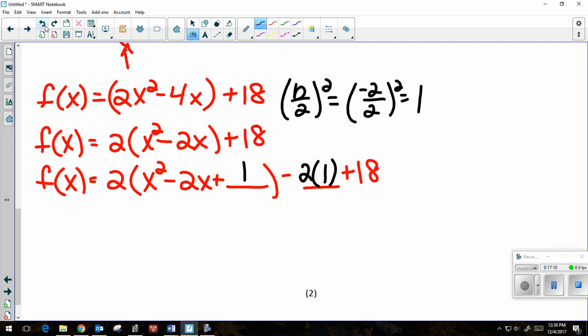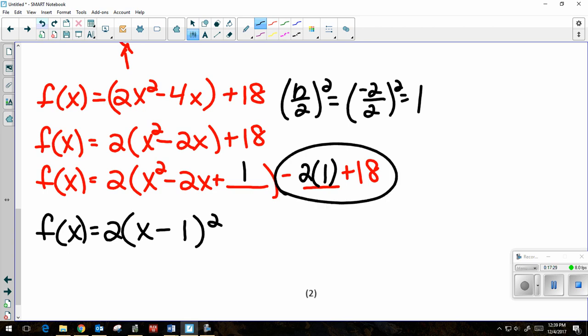And that is the only difference when you are completing the square or putting it in vertex form when there's a number in front. So I'm going to continue. 2 times something squared. Remember, it's half of b, so it's going to be x minus 1 squared. And then these two pieces, negative 2 times 1 plus 18, get combined.